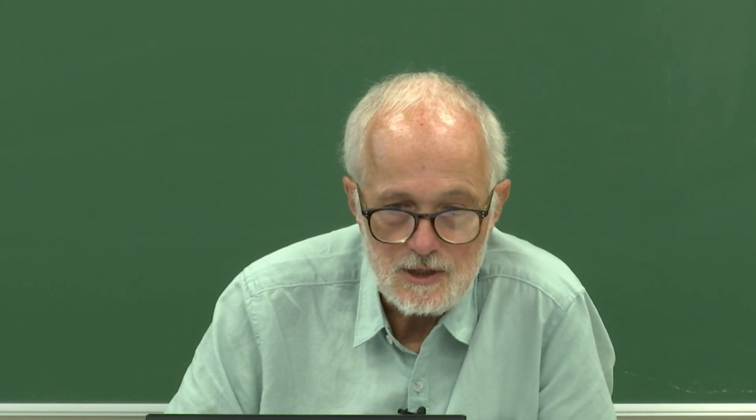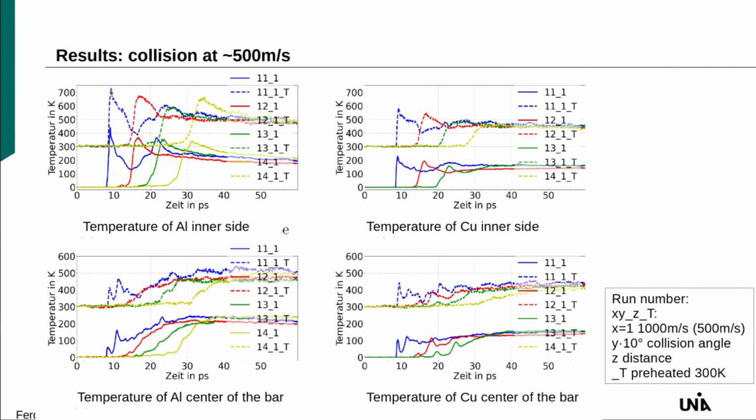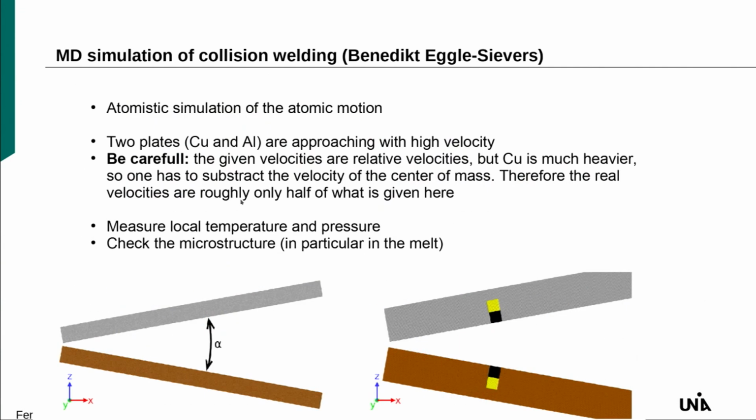But nevertheless, you see this steep rise in temperature here, which gets a bit weaker if you increase the angle. I think that's at the beginning of this collision zone, somewhere here, and that's in the center of the collision zone.